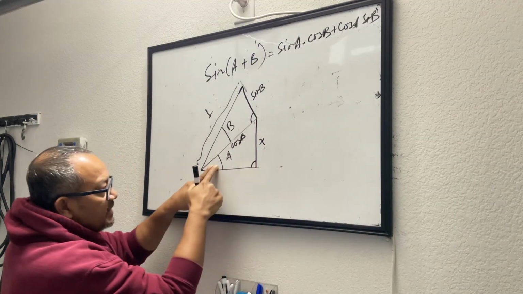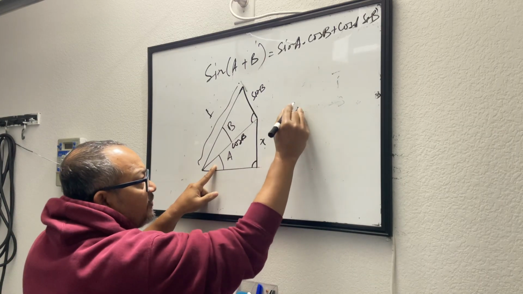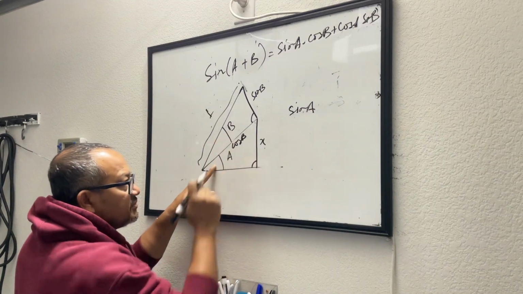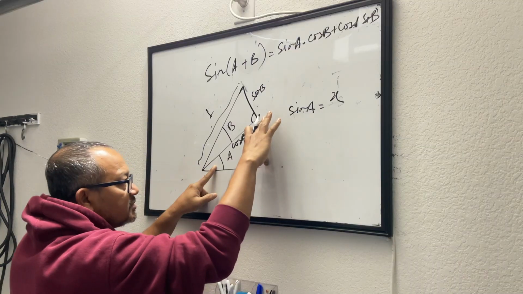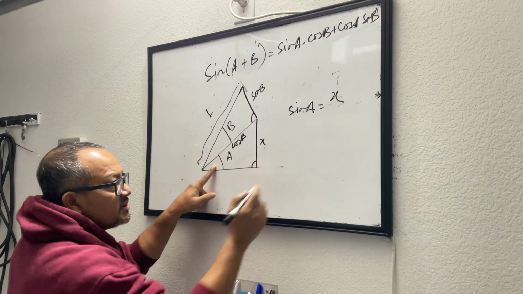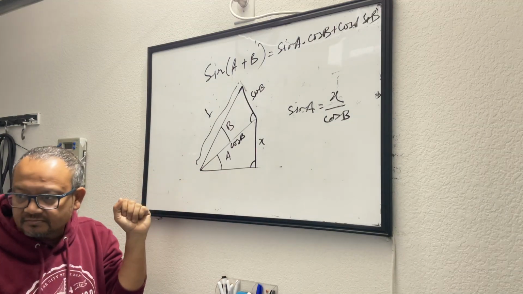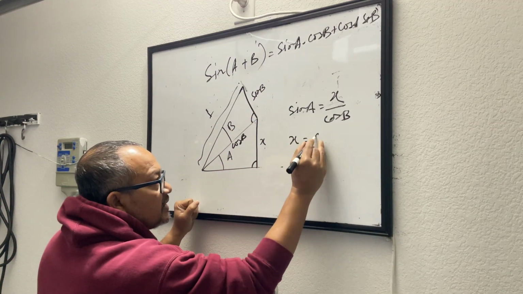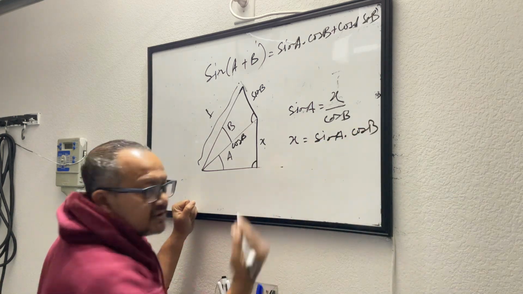So, here I'm looking at angle A. So, sine of A would be opposite side by hypotenuse. Opposite side is my x, which we are trying to find out. And the hypotenuse is cos of B. So this length x became sine of A times cos of B. Is that okay?